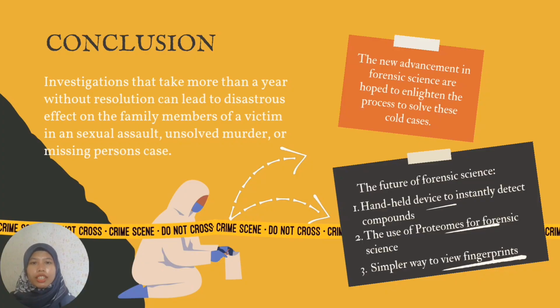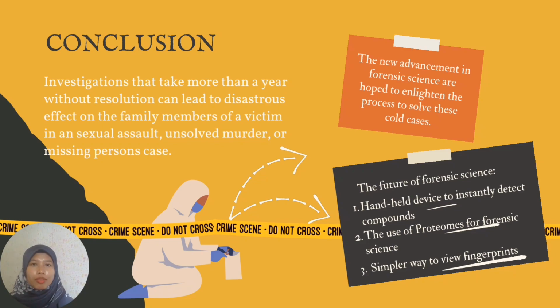We can conclude that investigations that take more than a year without resolution can lead to disastrous effects on the family members of a victim in sexual assault, unsolved murder, or missing persons cases. The new advancements in forensic science are hoped to enlighten the process to solve these cold cases.